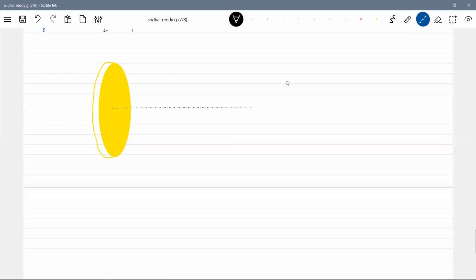Let R be the radius of this ring or disk. Here there's a point charge. I want to know how much flux is linking through this disk.